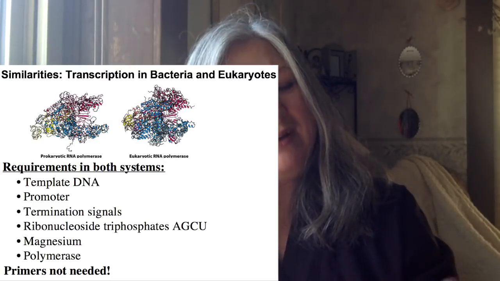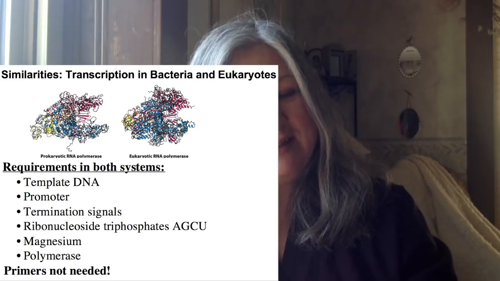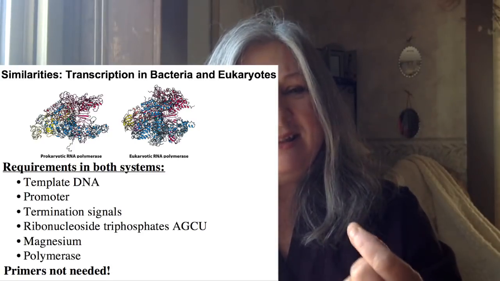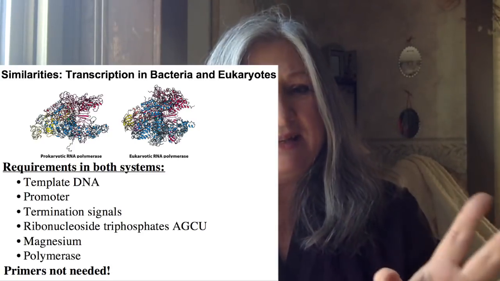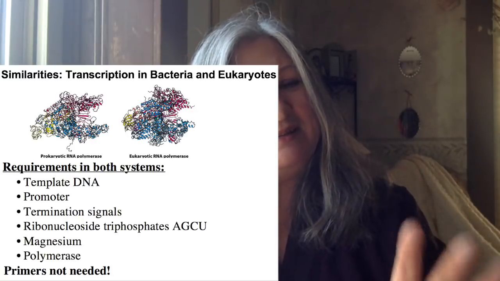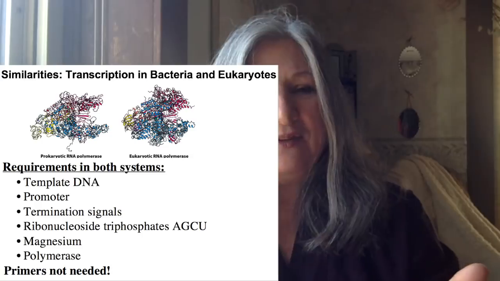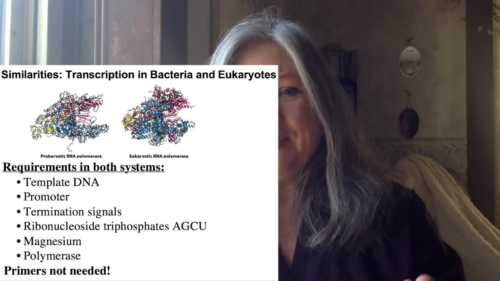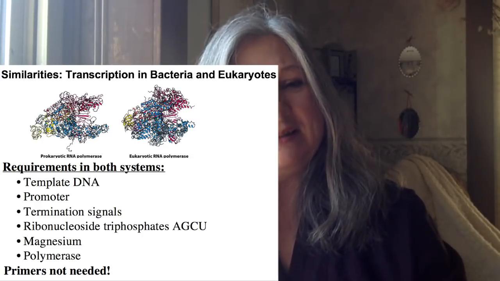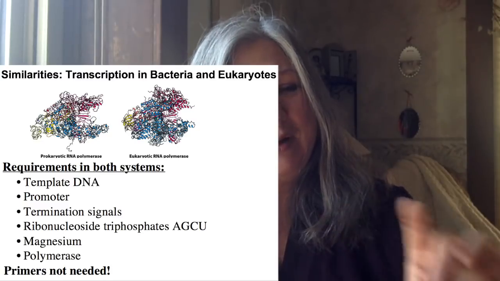They both require ribonucleoside triphosphates, and these are A, G, C, and U. We have U's instead of T's, remember. And polymerases in both systems require magnesium as a cofactor. And finally, both systems require a polymerase. But what isn't needed is a primer. Primers are not needed. Since we're using RNA for transcription anyway, we don't need an RNA primer.